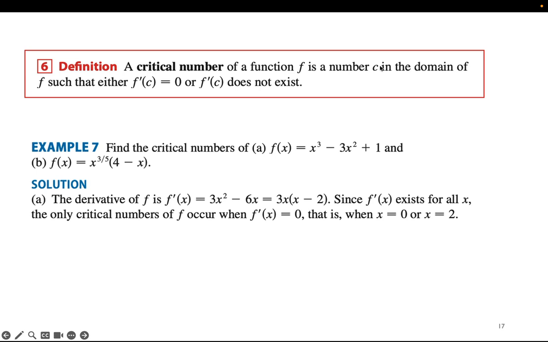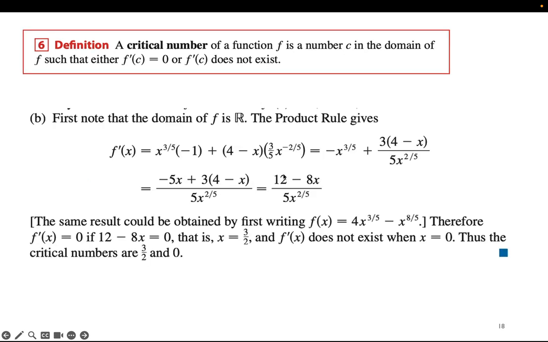And so 0 is a critical number because it is undefined in f prime, but it has to be defined in the original f. Because if 0 is also undefined in the original f, it's not in the domain, and we don't care about things that are not in the domain.